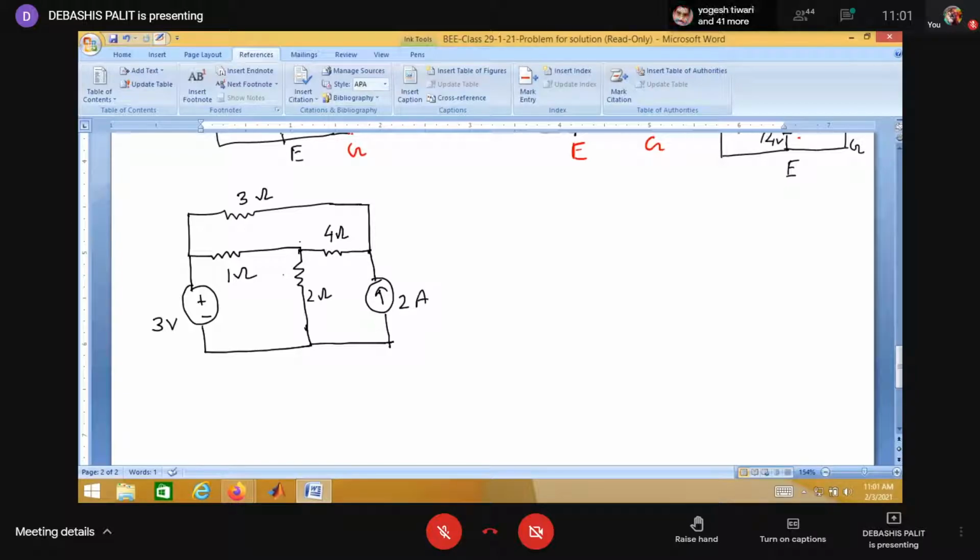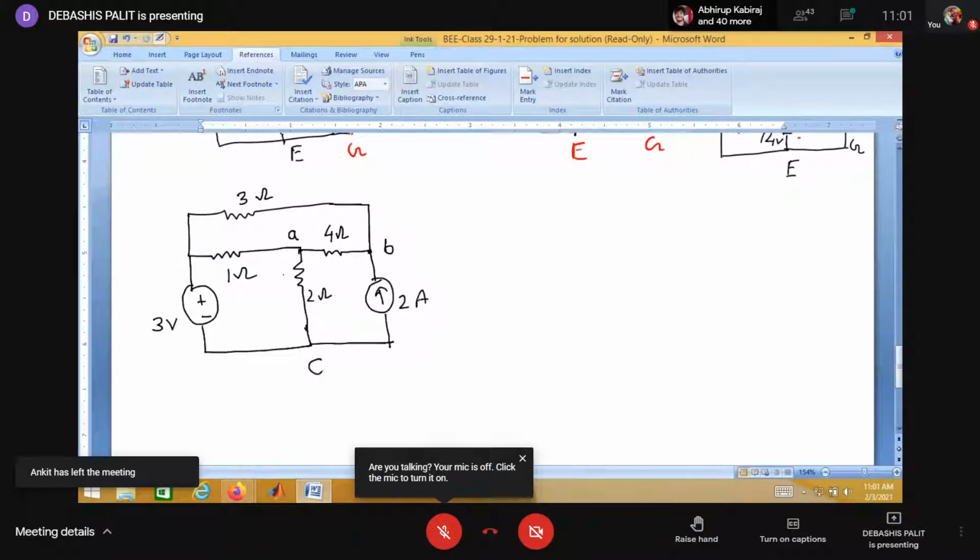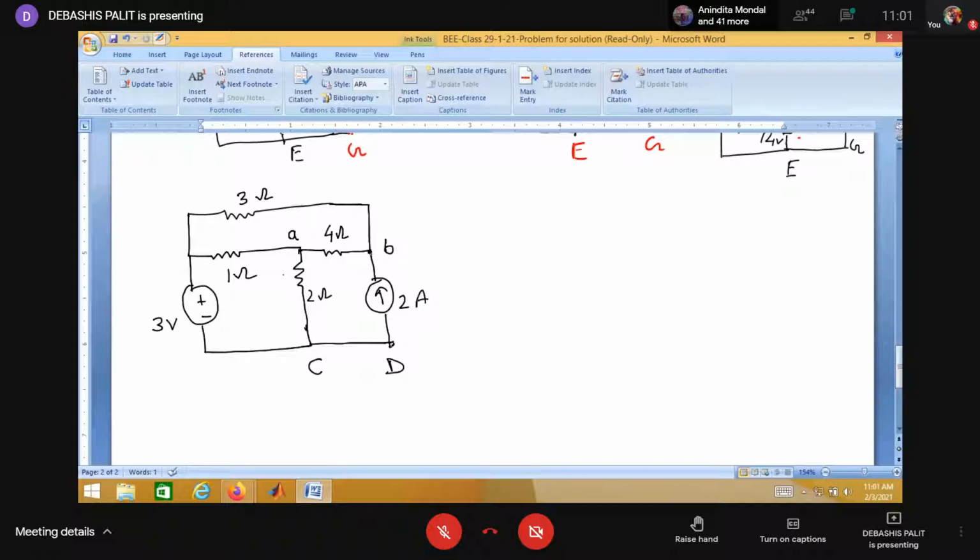We have already learned how to apply source conversion, that is current source into voltage source, when the current source has a parallel resistance. Here there is none at all, so you can easily convert. This is your source point, and this is your destination point.